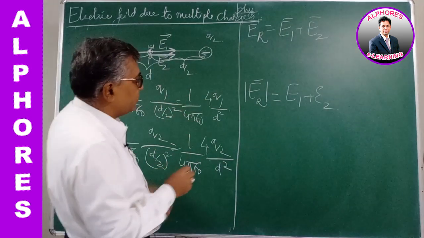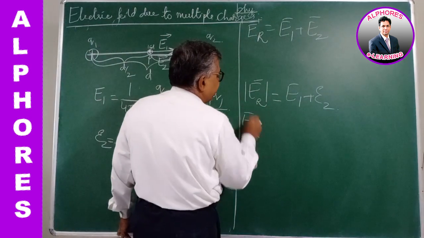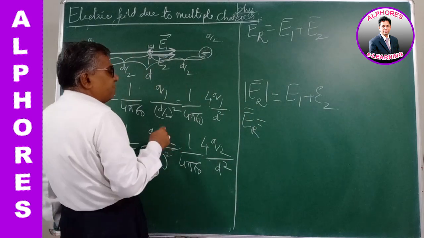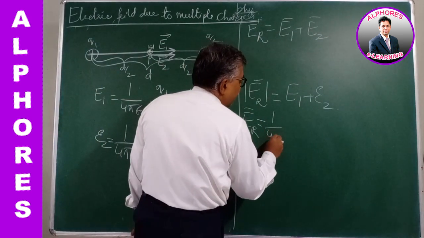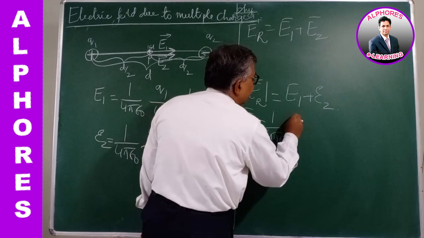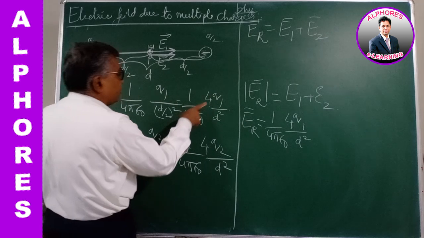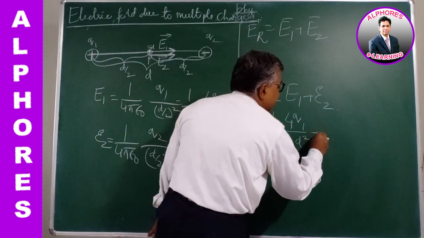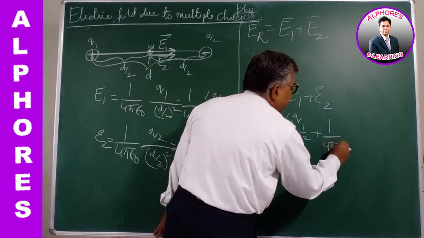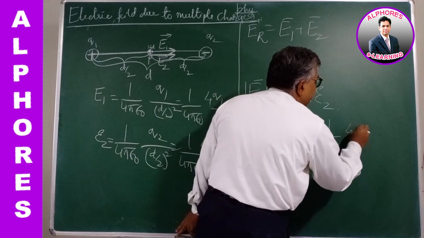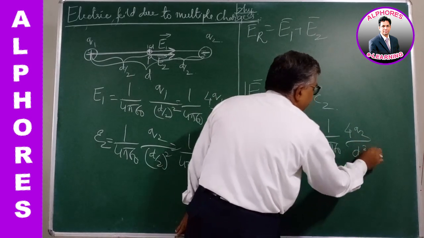So therefore substituting, the resultant electric field due to these two charges: field due to the first charge is 1 by 4 pi epsilon naught, 4q1 by d square, plus 1 by 4 pi epsilon naught, 4q2 by d square.